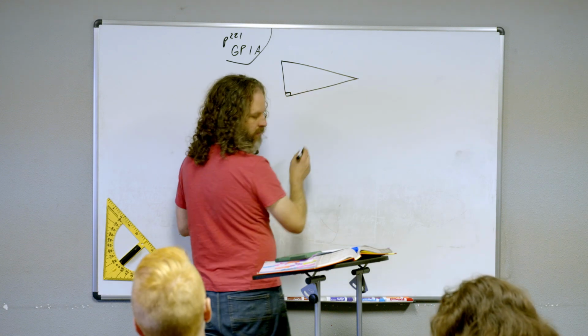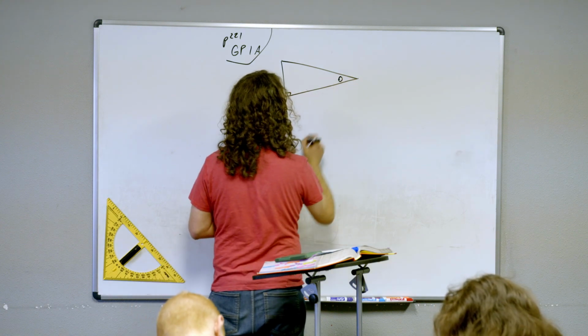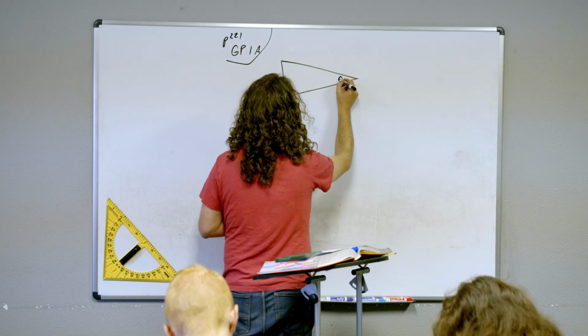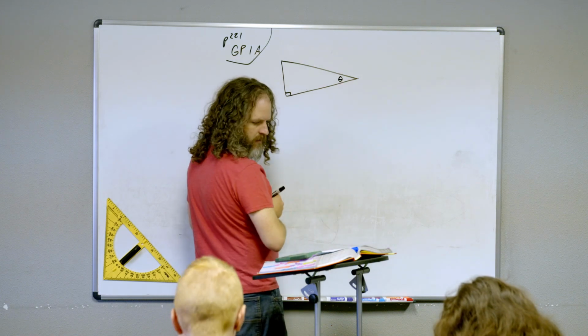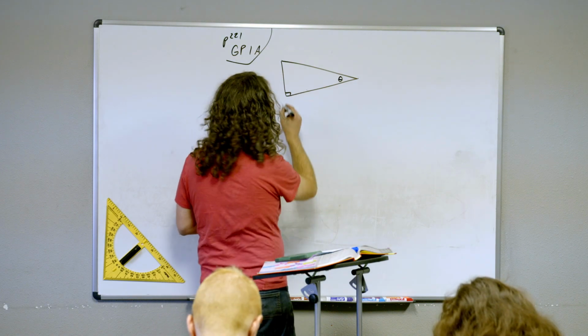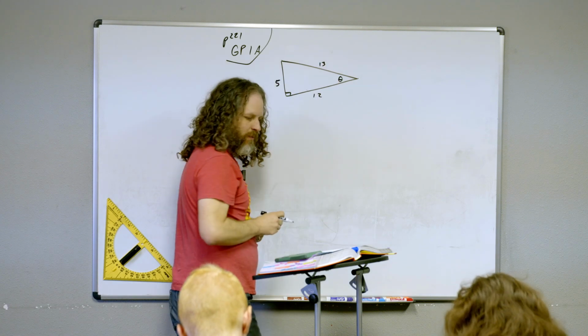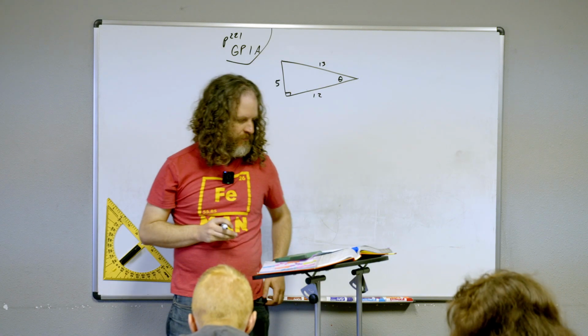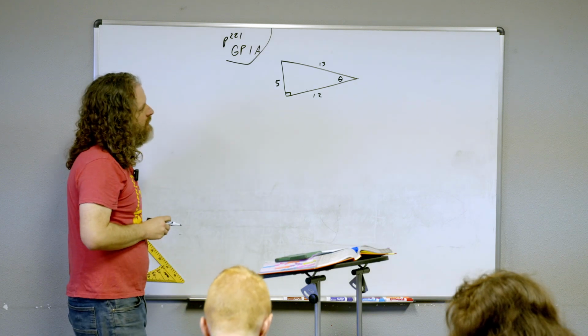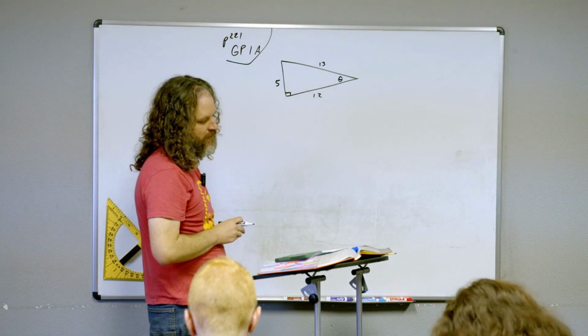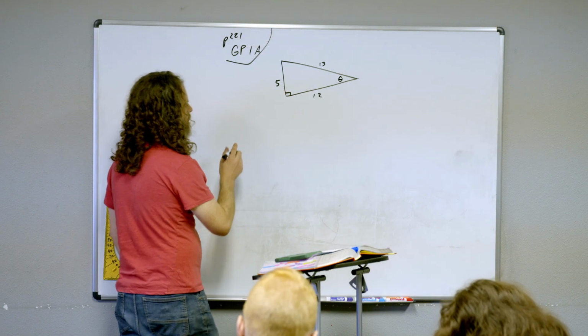It has the theta drawn right there, and it has sides 5, 12, 13. We are asked in the problem to find the exact values of the 6 trigonometric functions of theta.